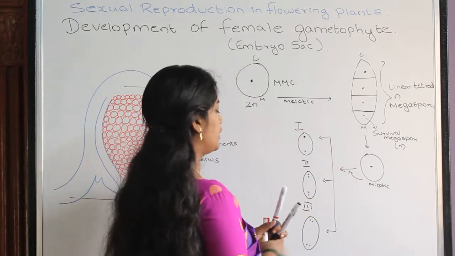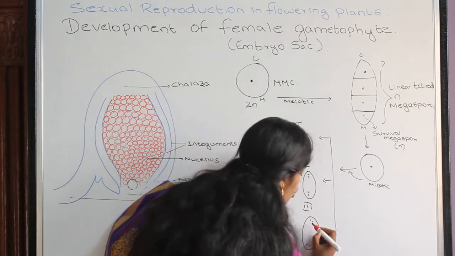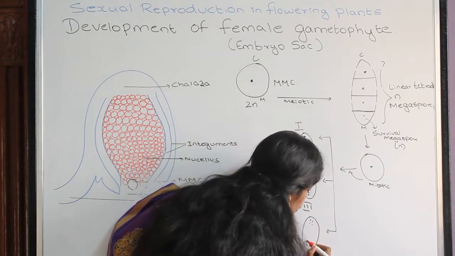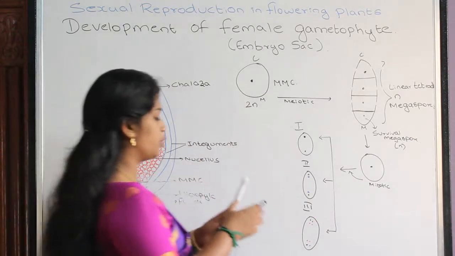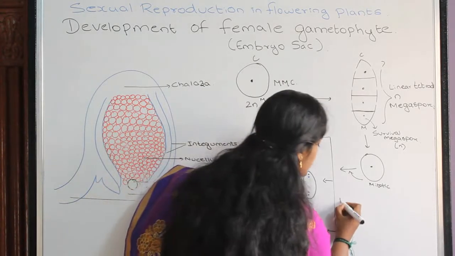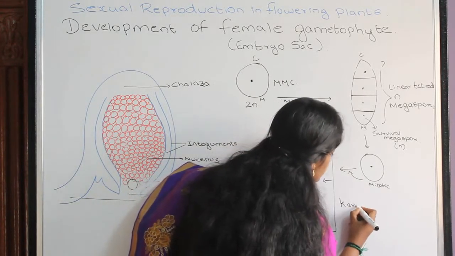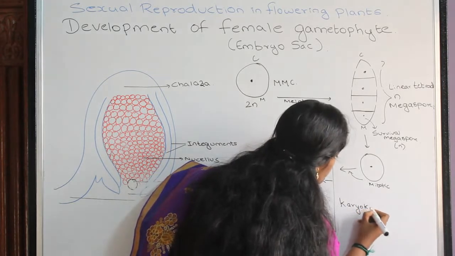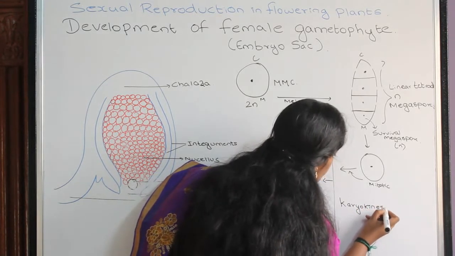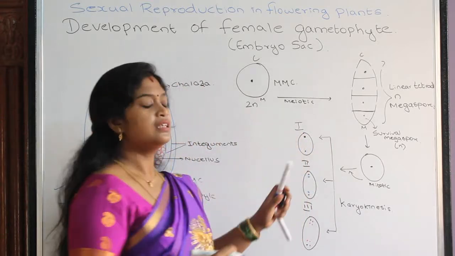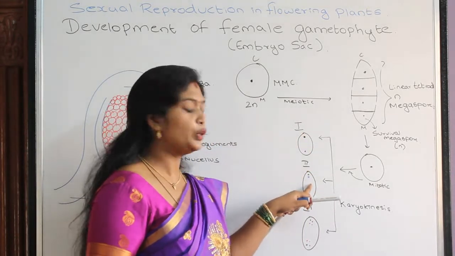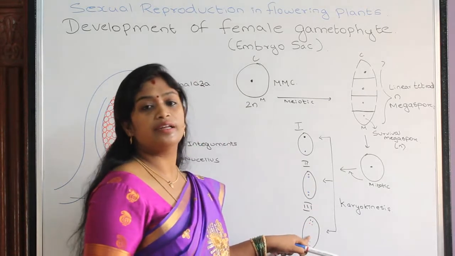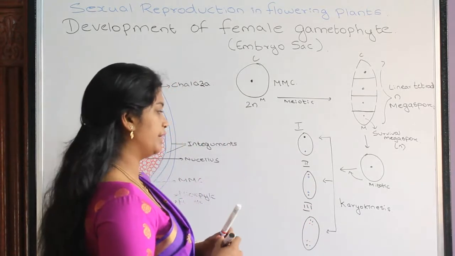In the third karyokinetic event, there is a formation of another 2 nuclei, in addition to the previously present nuclei. So these are the 3 karyokinesis events taking place in the surviving megaspore. After the first karyokinesis, it is 2 nucleated. After the second, it is 4 nucleated. After the third, it is 8 nucleated.